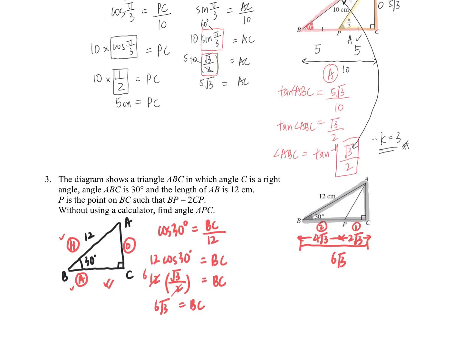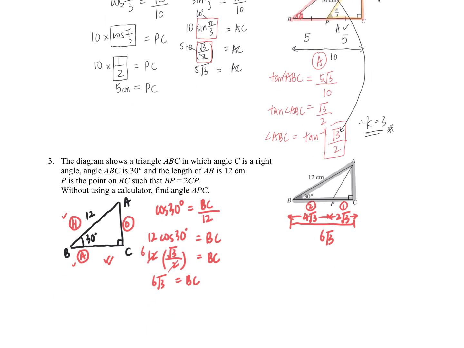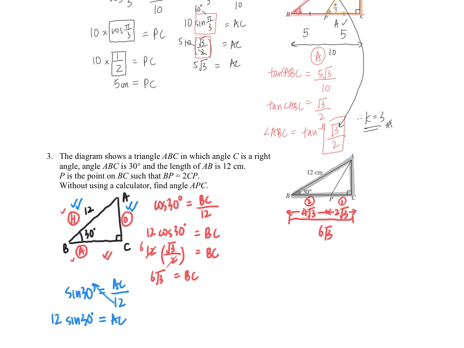Okay, next one is I need AC. This one. So to find O, I have H. I will use sine. Sine 30 is what I like. O over H. Because sine 30 is a nice number. Matches with sine 30, right? So this is half.